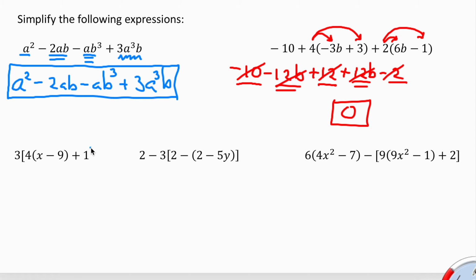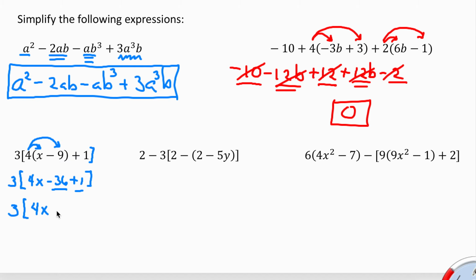Okay, looks like this one's missing our bracket there, typo. All right, get rid of parentheses first. Inside parentheses, the others are staying. 4x minus 36 plus 1. Now, inside these parentheses, there's like terms, so they stay.